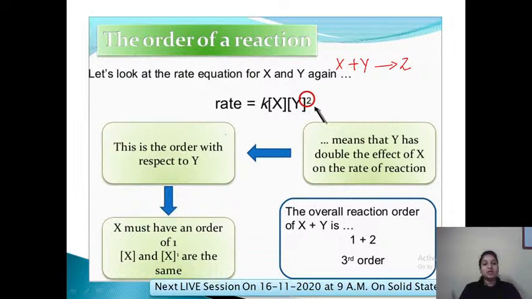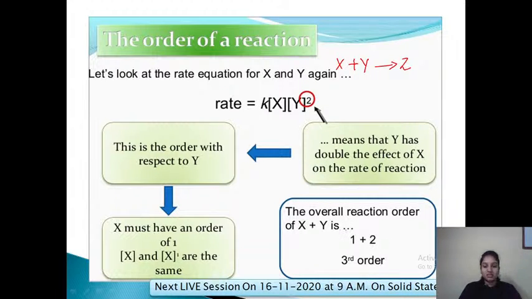So order of any particular reaction tells us what is the particular contribution of that reactant in the given reaction. And how to calculate the order? Order is the sum of powers. For example, the overall reaction order of X plus Y is, here nothing is there means 1 is there, 1 plus 2.